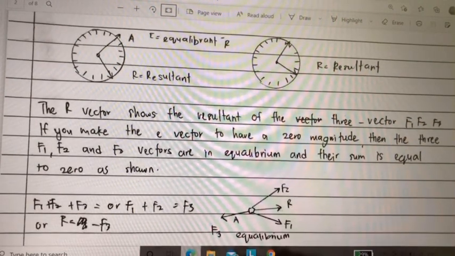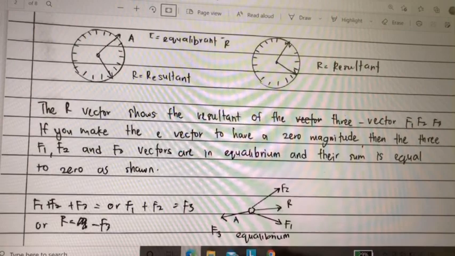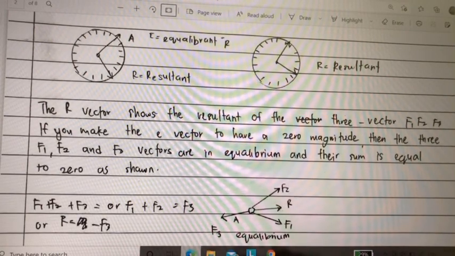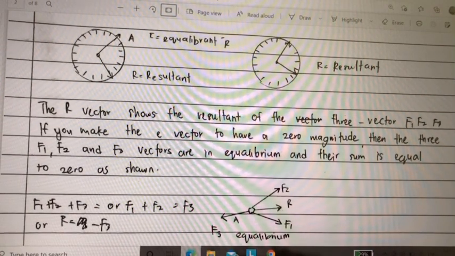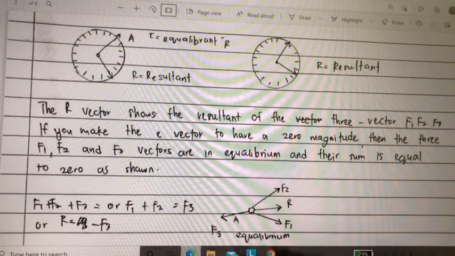The R vector shows the resultant of the three vectors F1, F2 and F3. If you make the vector have a zero magnitude, then the three vectors F1, F2 and F3 are in equilibrium and their sum is equal to 0 as shown.